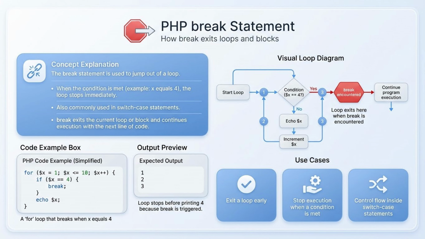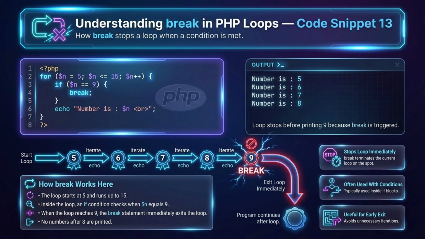In this section, we dive deeper into the behavior of the break statement inside PHP loops, using a practical example that begins counting from 5 and continues up to 15. The loop runs automatically from one number to the next, but inside the loop, there is an important condition that checks when the variable $n becomes equal to 9.